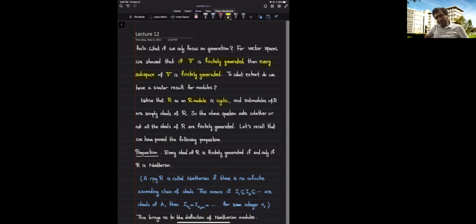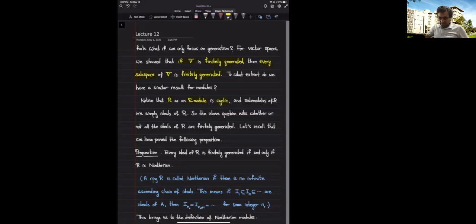But on the other hand, we've discussed that submodules of R are nothing but ideals. Now, saying that a submodule of R is finitely generated as an R module is equivalent to saying: do I have finitely many elements such that every other element of this ideal is an R linear combination of these elements? But that means, is that ideal finitely generated?